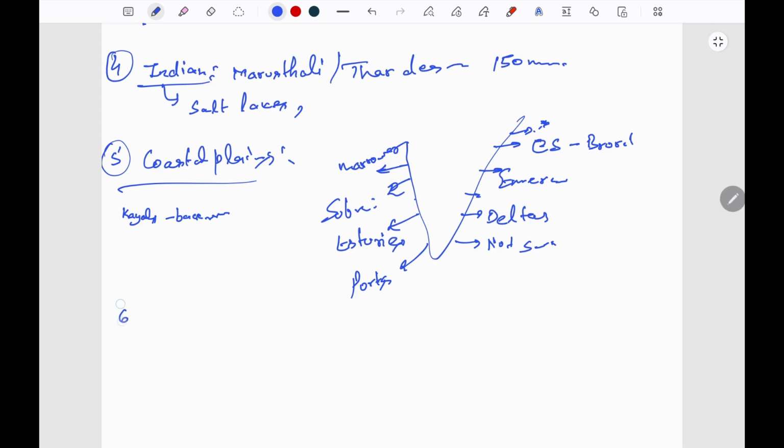Now comes the last part of the physiographic division, that is islands. It has two major island groups. One is in Bay of Bengal and the other is in Arabian Sea. It is Andaman and Nicobar in Bay of Bengal and Lakshadweep in Arabian Sea.